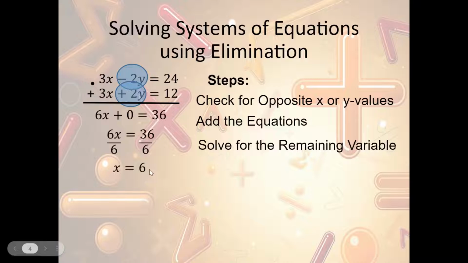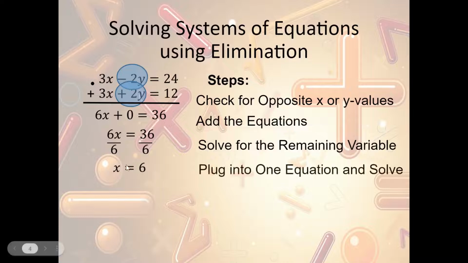That's x. Now we know the x coordinate of where they cross, but we need to get the y coordinate. So we're going to plug 6 in for x into one of the two equations. It doesn't matter which equation you pick as long as you plug in x as being 6. We'll pick the first one and plug 6 in where x is.